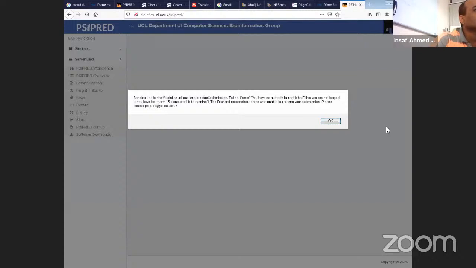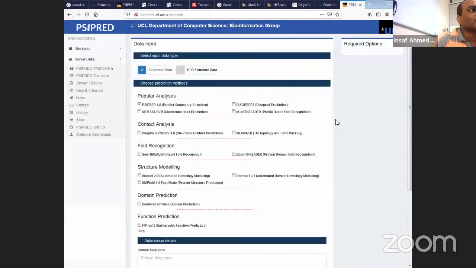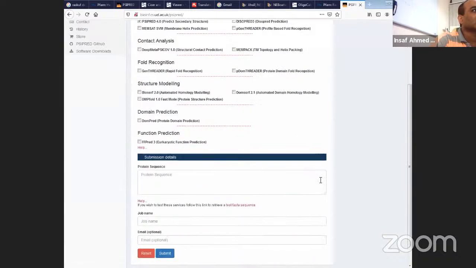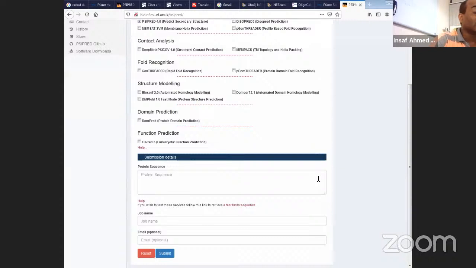Sending job to... oh my God. You have no authority to post the job. Either you are not logged in, or there are too many, 15 concurrent jobs running. Oh, I hope all of you have not started in parallel. Before I clicked, you had started, so 15 jobs are running and it is not accepting my job.